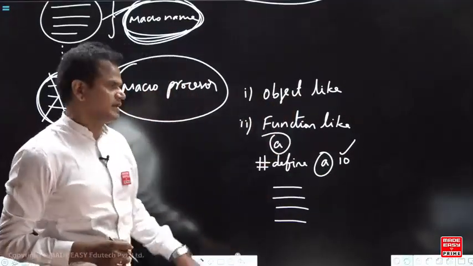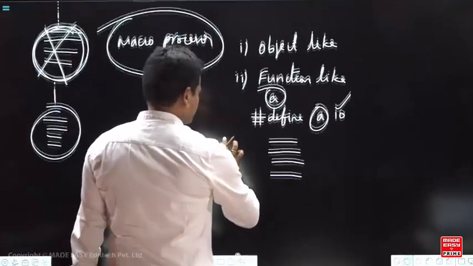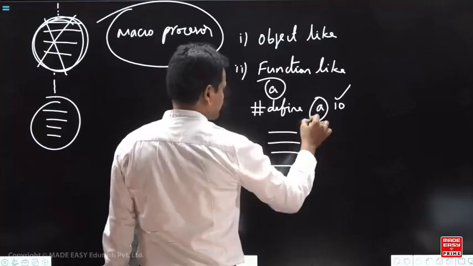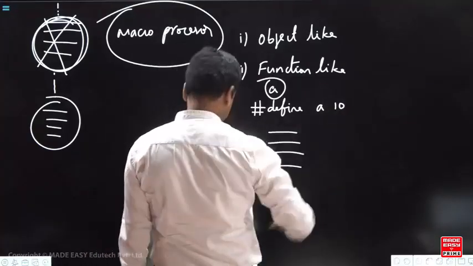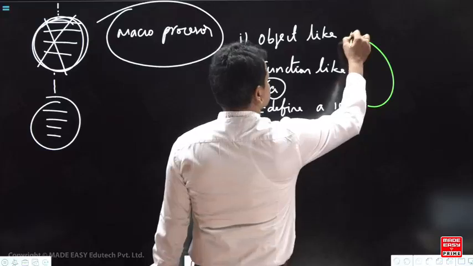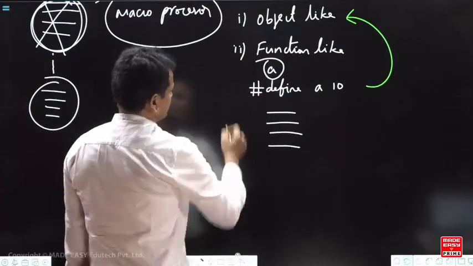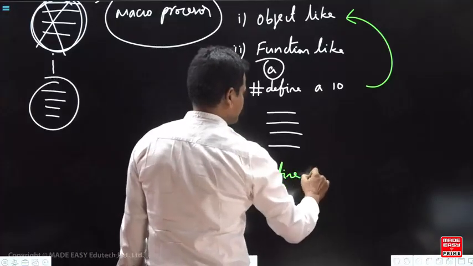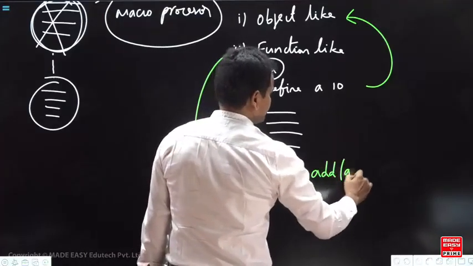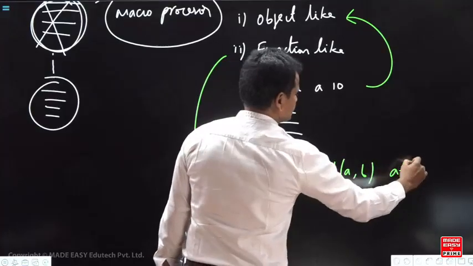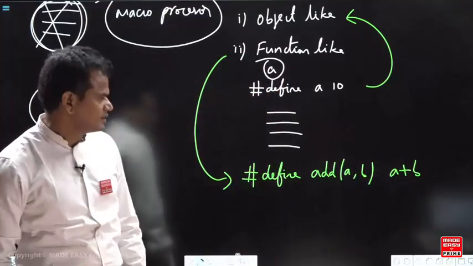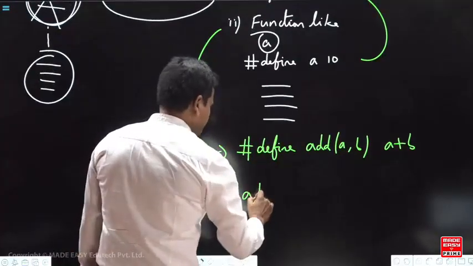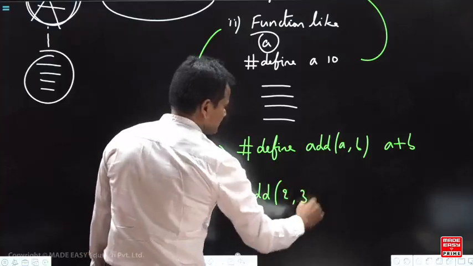And what is a function-like macro? This is the definition, and this is an example for object-like macro. Okay, now function-like macro: #define add(a, b) a + b.